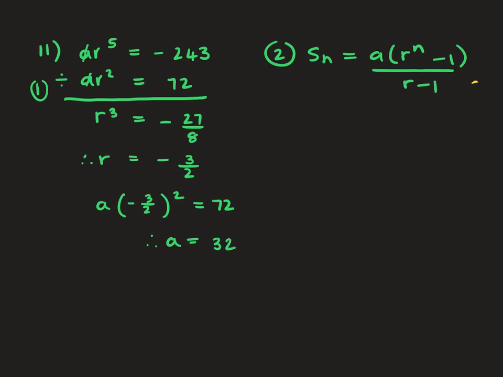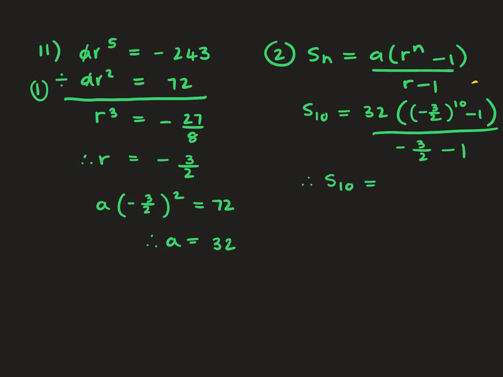So now we can go here. S10 is equal to 32 times (negative 3 over 2) to the power of 10 minus 1, over r minus 1. And we can just smash this all into our calculator and we get an answer of negative 11,605 over 16.